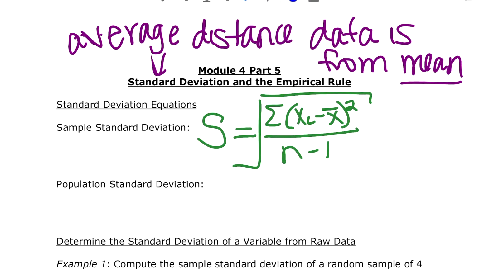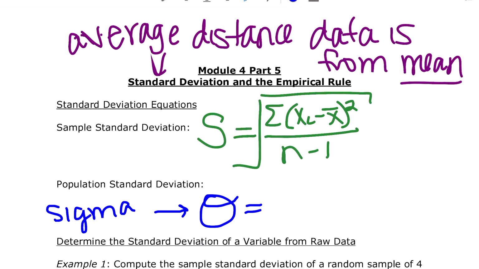Now the population standard deviation equation is just a little bit different. The symbol for that is going to be a curly o, almost like a cursive o. This is sigma, a lowercase sigma. So again, remember, standard letters that we see every day represent samples. Greek letters represent population values.